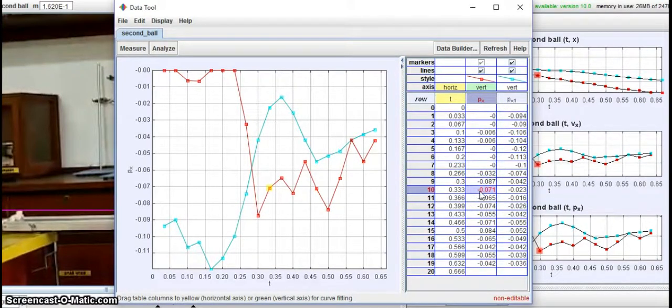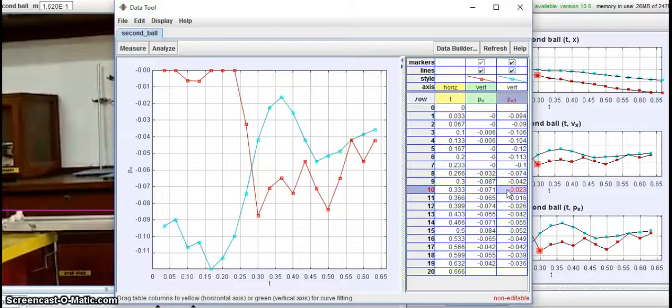The data shows that the momentum is equal to 0.071. So we need to sum up with momentum of the blue ball, which is 0.023. And the answer is 0.09, which is exactly the total initial momentum of the system.